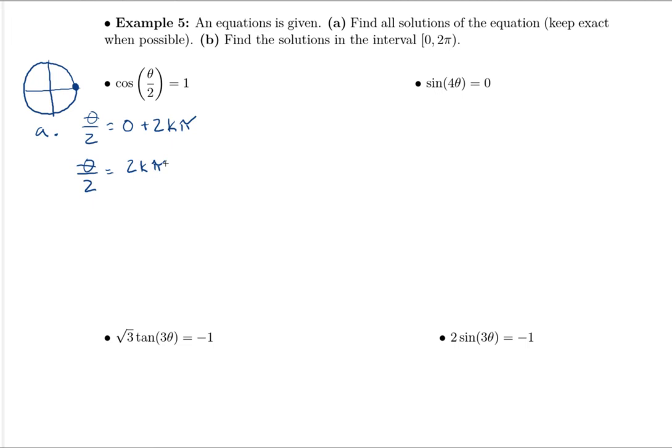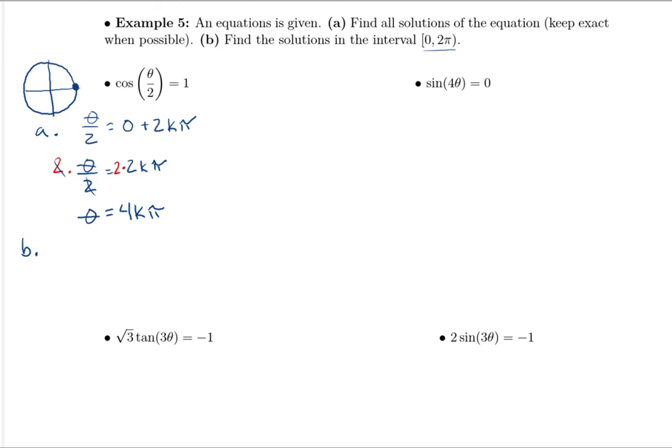And then to get theta by itself, we can multiply by 2 on both sides. So my answer in part A is just to say theta is equal to 4k pi. All right, but then part B asks to give all solutions on that interval. Well, we kind of already answered that.